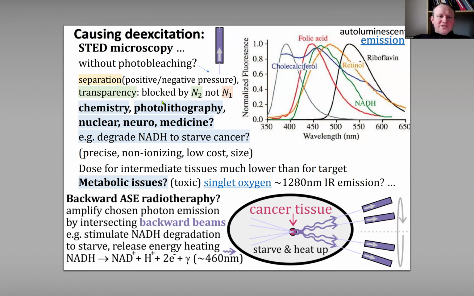So it can be chemistry, or some photolithography, some reverse photolithography: we have a surface, we excite it, and with a laser we try to pull photons to de-excite it very selectively. Maybe some nuclear applications, which I will mention in a moment. Maybe some neuro: if there is better transparency, maybe we could affect processes in our brain. Things might be dangerous. Medical, finally.